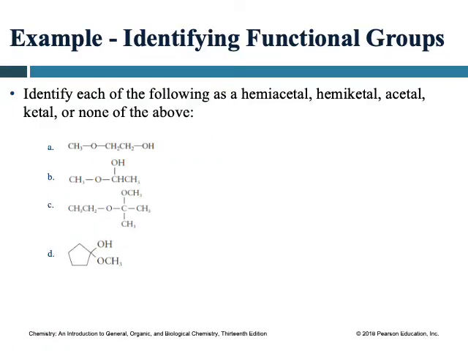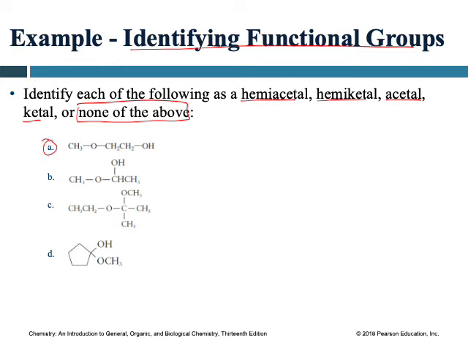So now let's try to solve a couple of problems on identifying the functional group. Out of the 4 examples given on this page, we have to classify which one is hemiacetal, which one is hemiketal, acetal and ketal. If there is none of them, we need to write none of the above. So let's focus on the first example.